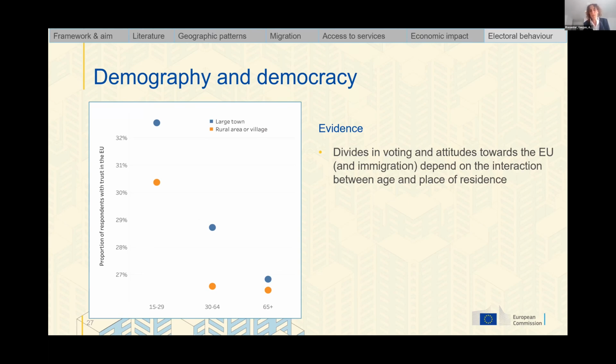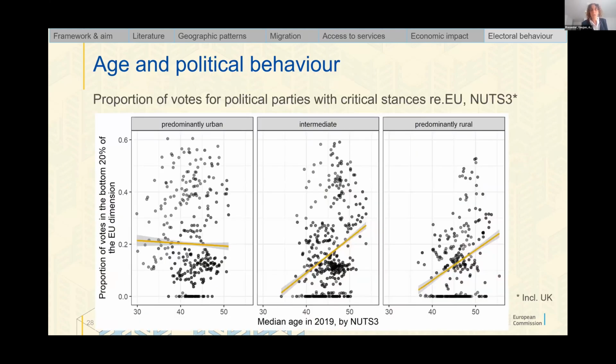For instance, if we look at the graph which shows the proportion of respondents with trust in the EU, you see that at young ages, there is quite a difference in trust in the EU, which overall diminishes with age, but it seems very different for different age groups, as the difference is very marginal for the elderly population compared to the youth population.